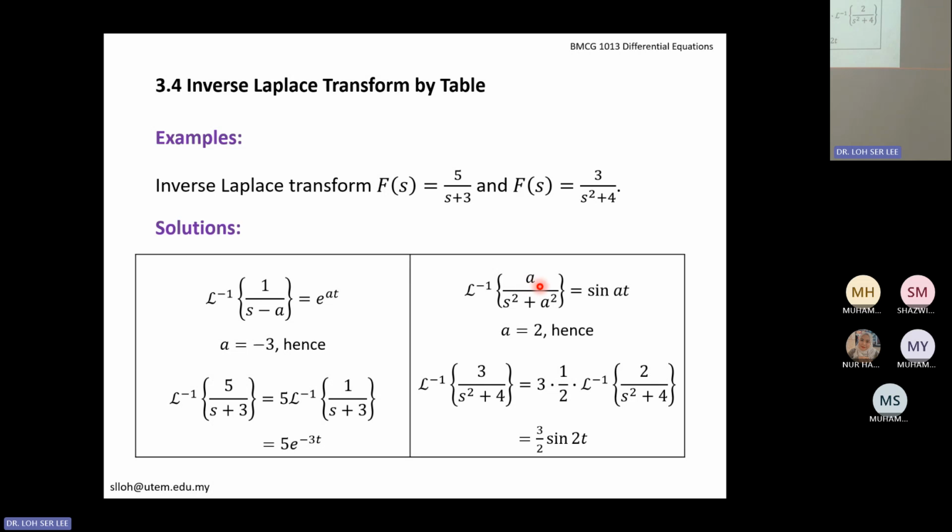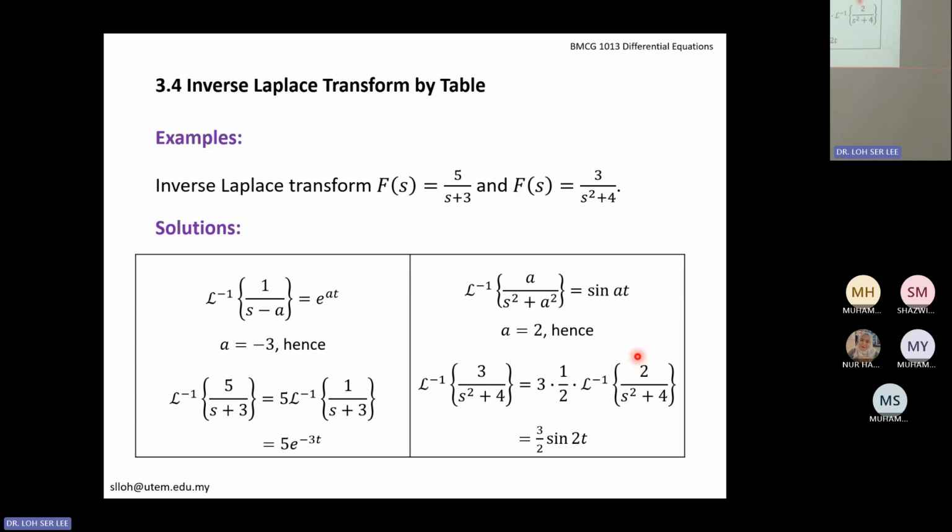We need a 2 at the top, but what we have is a 3. So we don't want the 3. Whatever you don't want, you just pull it out, factorize the 3. Then what you need is a 2, so you insert a 2, but we divide by the 2 outside because we do not want to change the question. We can cancel out the 2 with this 2, so there is no change.